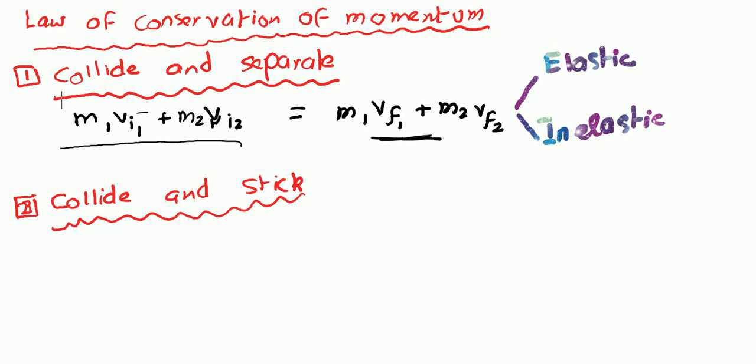So in the elastic collision, momentum is conserved, and total kinetic energy is also conserved. But what about an inelastic collision?